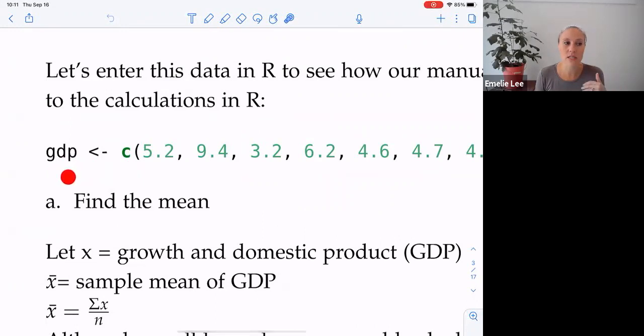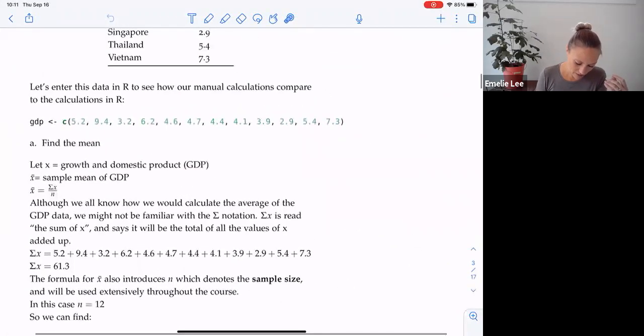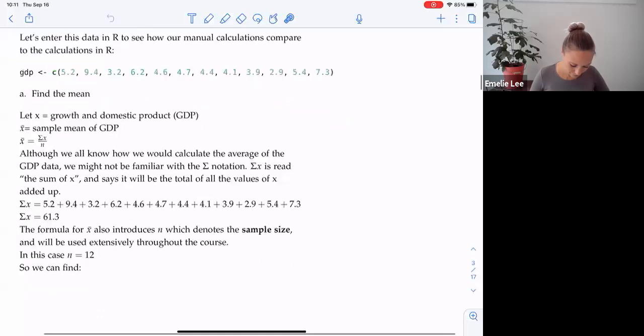When you see that font, that's our code that you can run. Maybe at the start of tomorrow I'll show you how to enter it and run some of these commands, because I don't have it set up today.